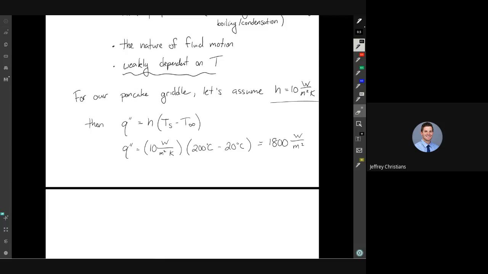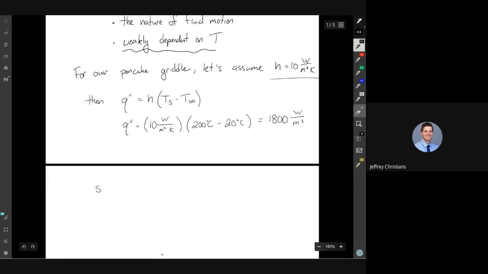And then if we want to figure out the total cooling rate in just watts, we can figure that out with our area. So the heat rate Q equals A times Q double prime.